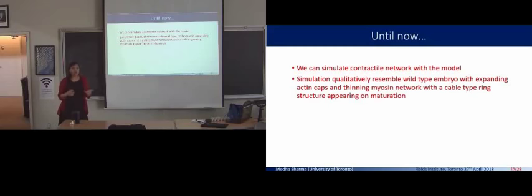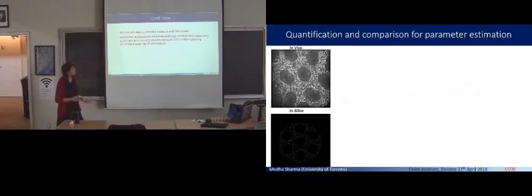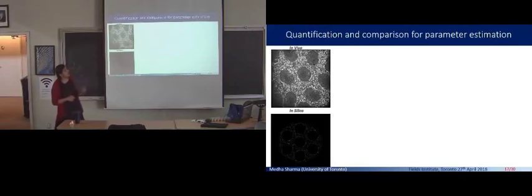Now we need some quantification so that we can compare if the behavior is similar to the embryo or not, and have an estimation of the more relevant parameters. To have a quantification, I needed some dimensionless parameters so that I can be sure that the dimensions are not playing some role in this. So I decided to measure the total area around a few nodes, a few rings, and divide it by the total area of the clearances.